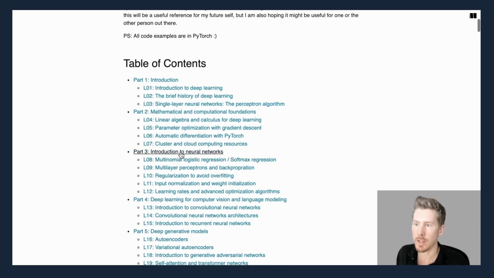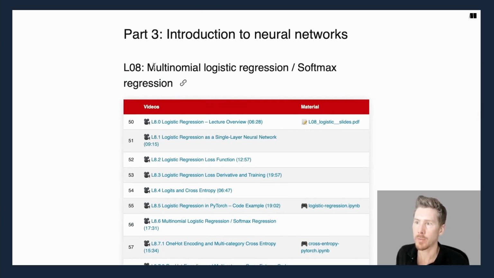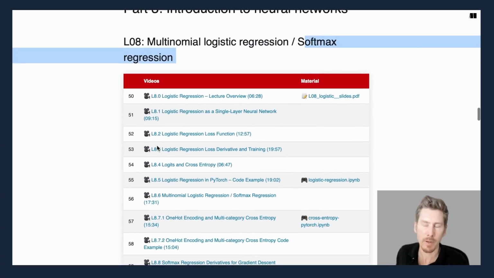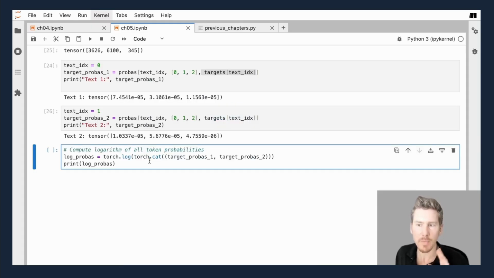I should have this whole lecture on multinomial logistic regression and softmax regression, where I go over all these things more slowly, computing the cross entropy and so forth. For here, maybe just think of it as a thing to make it numerically more stable.